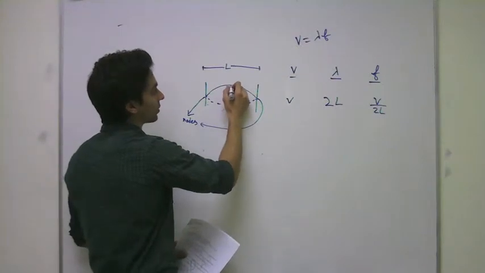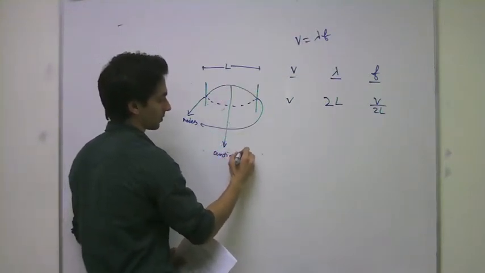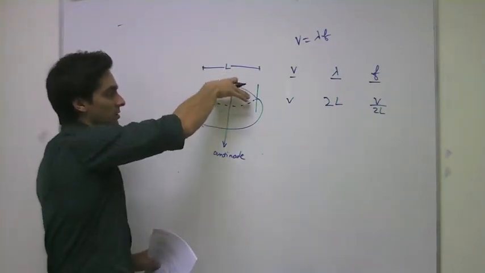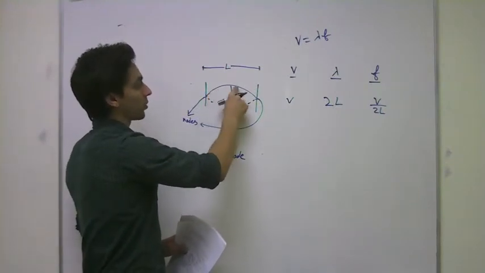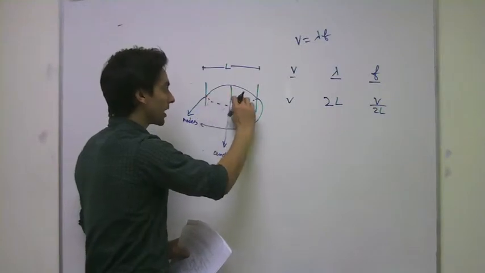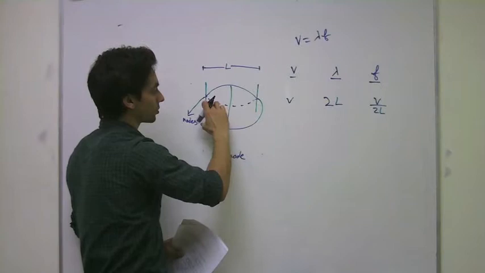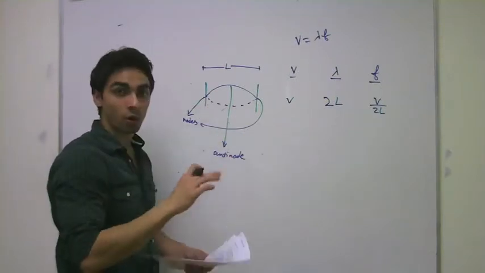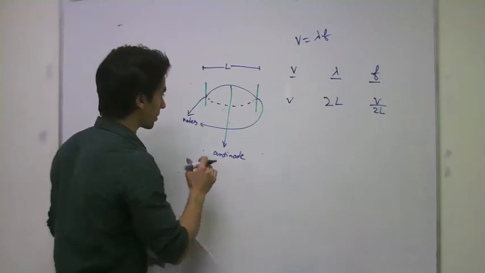Okay? The point here which oscillates the maximum is called an antinode. Okay? Now, when the string is oscillating, all the points are going to be at the topmost position, then all of them together will be at the equilibrium position, and all of them will also now be at the bottommost position. So in this case, you can see that all points are actually in phase in the wave, right?